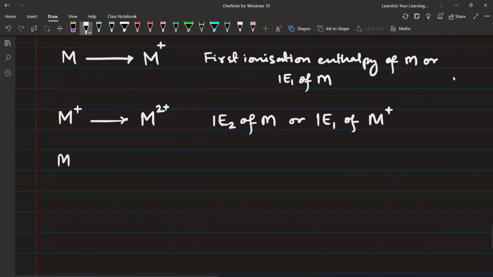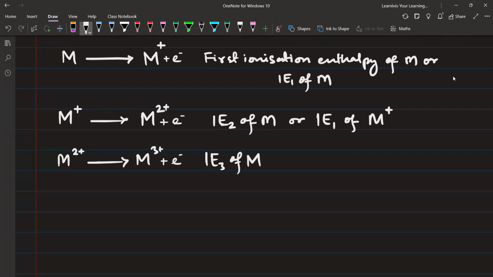If you are going from M2 positive to M3 positive, each of these processes gives you one electron. This means we are removing the third most loosely bound electron of element M, or the second most loosely bound electron of M positive, or the first most loosely bound electron of M2 positive.